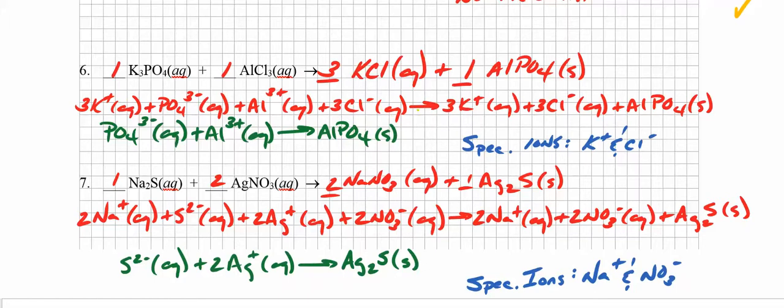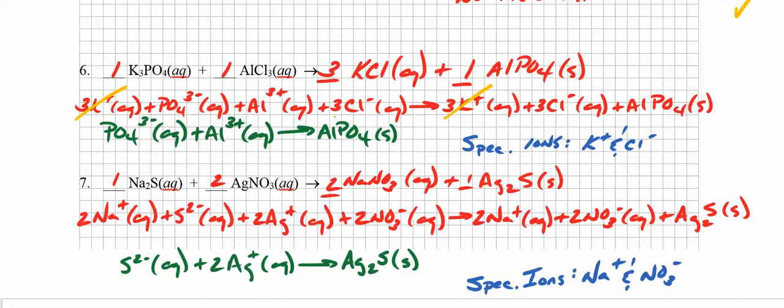Let's look to the right-hand side. So we have 3K+, that's aqueous, plus 3Cl-, also aqueous. That 3 applies both to the K+ and the Cl-, plus we have AlPO4, aluminum phosphate. That's a solid, so we'll leave it alone. Let's look to see what the spectator ions are. Well, we've got 3K+ on the left, we've got 3K+ on the right.